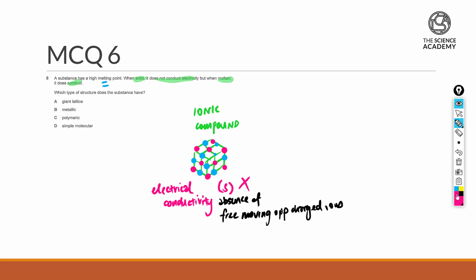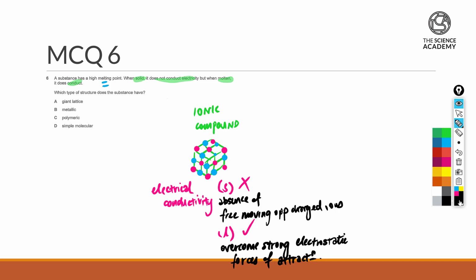But if we're looking at its molten profile, because it has overcome strong electrostatic forces of attraction, it now actually possesses free moving oppositely charged ions that's allowing it to conduct its electricity.